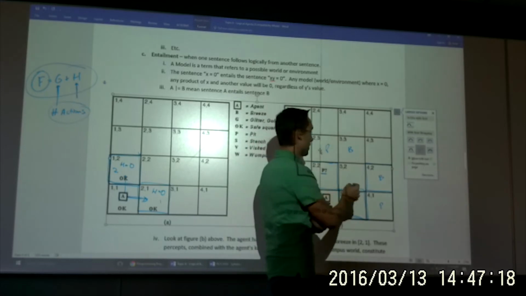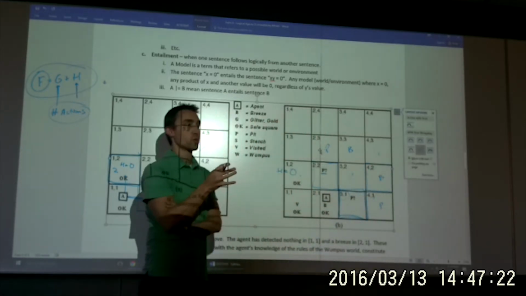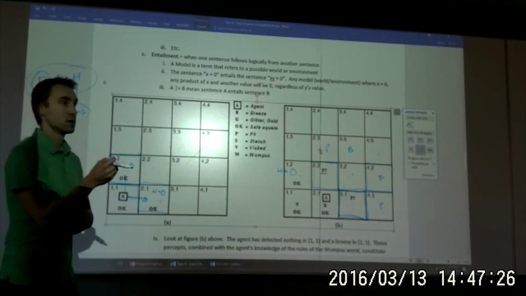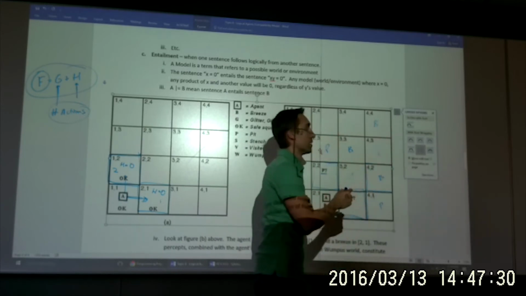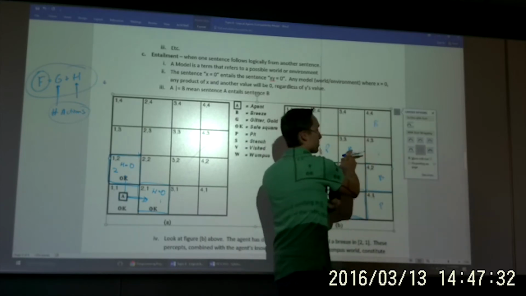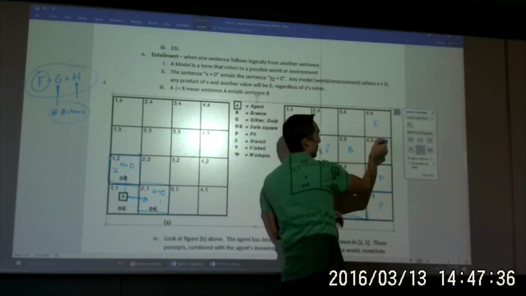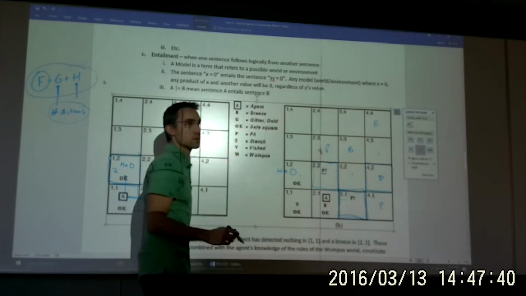In this case, there are 3. There's 1, 2, 3. So there are 3 contributing factors to that breeze. So it's different from where if we have a breeze here. This breeze tells us a lot more than this breeze does, because we know that this breeze is coming from either here or here, where this breeze could come from any of the 4 adjacent ones.